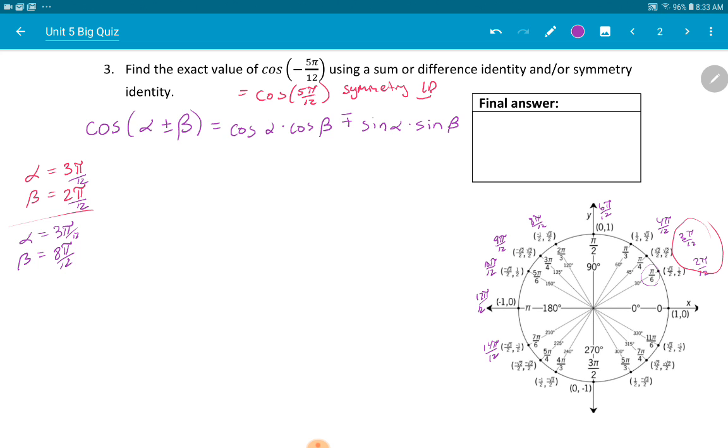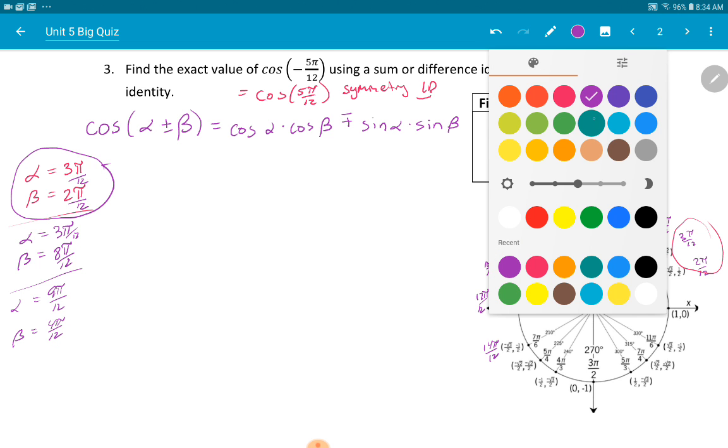So when you do 3 minus 8, you get negative 5, so that would be another option. 9 and 4 will work too, so you could do alpha is 9 pi over 12 and beta is 4 pi over 12. You can see there's a couple different ways to do it. I'm going to go with this first one that I found, and I'm going to use the symmetry idea to make it a positive 5 pi over 12.